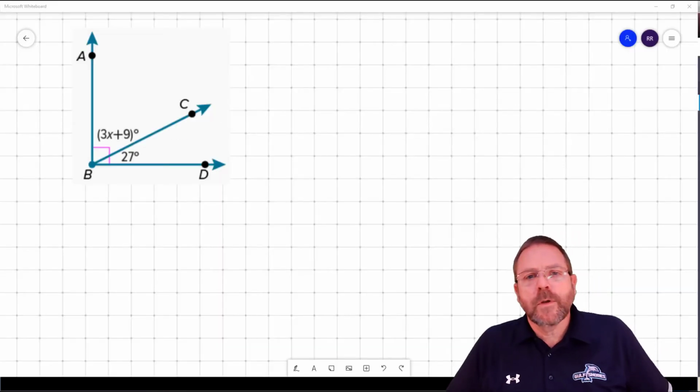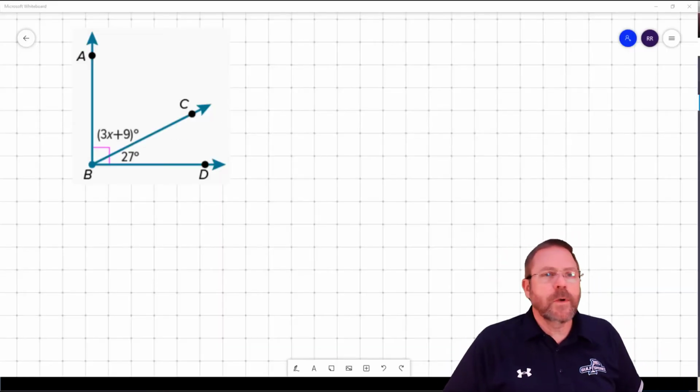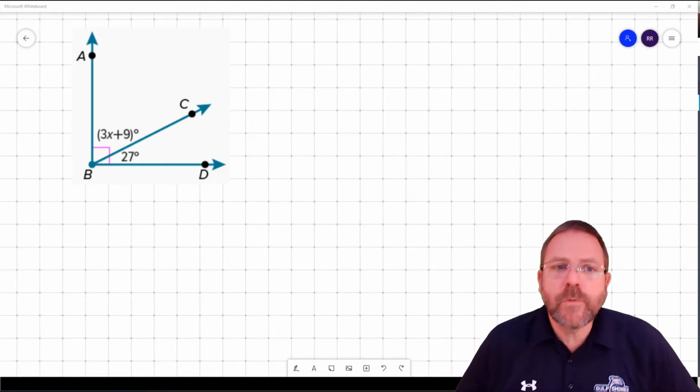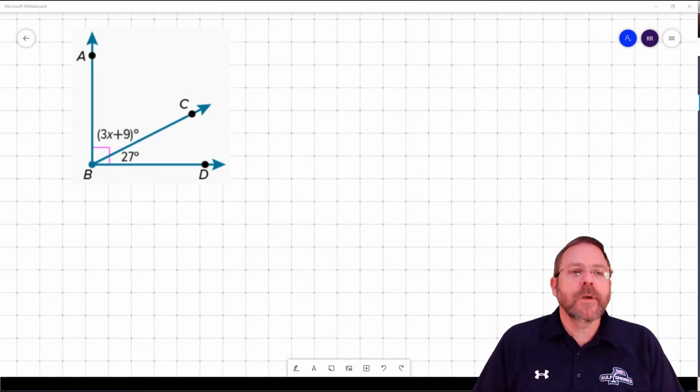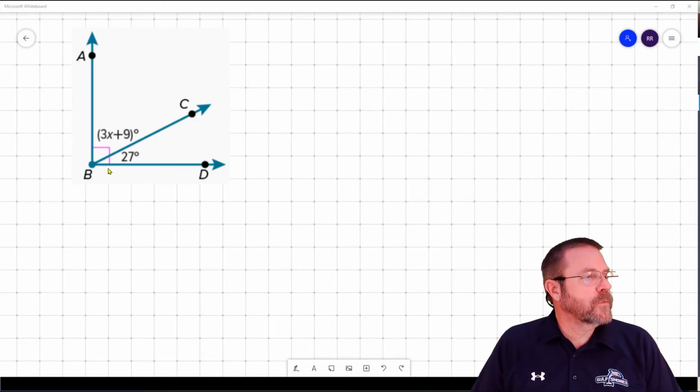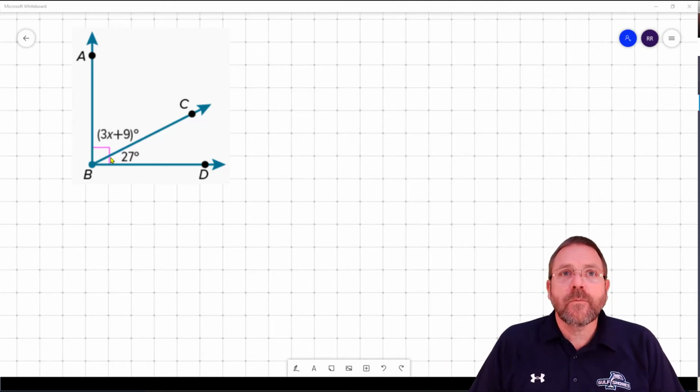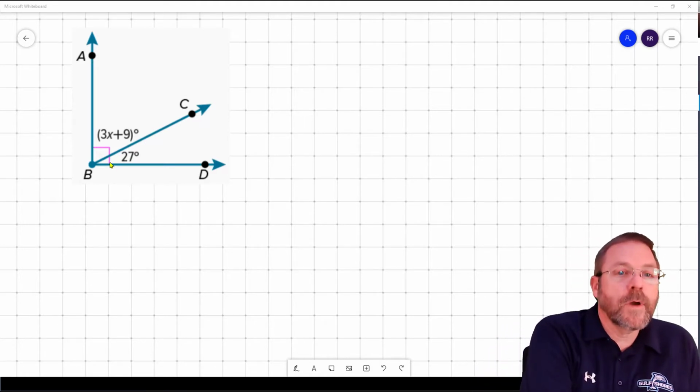So what do I know here? I know that I've got two angles that add up to equal 90 degrees. We know they're going to equal 90 degrees because there's a red square here in the bottom, and that red spot means it is a right angle, and right angles are 90 degrees. From here, I'm going to write my equation.